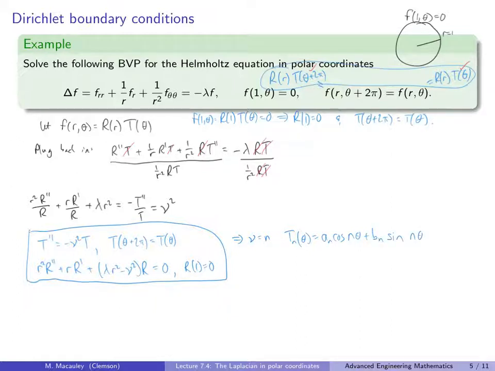We have periodic boundary conditions, so we don't eliminate either the sine or the cosine. We just know that the frequency has to be an integer n.